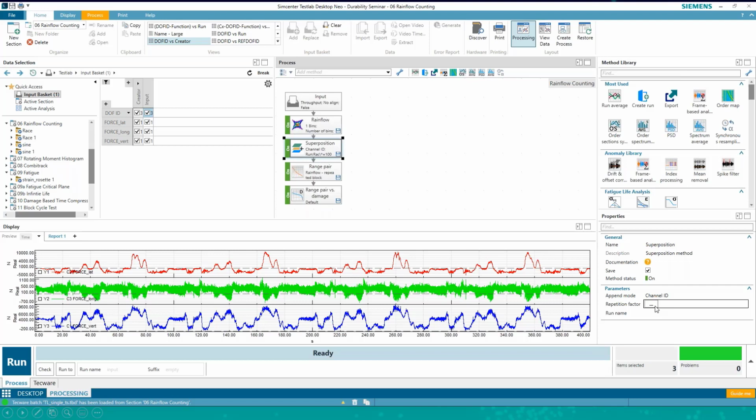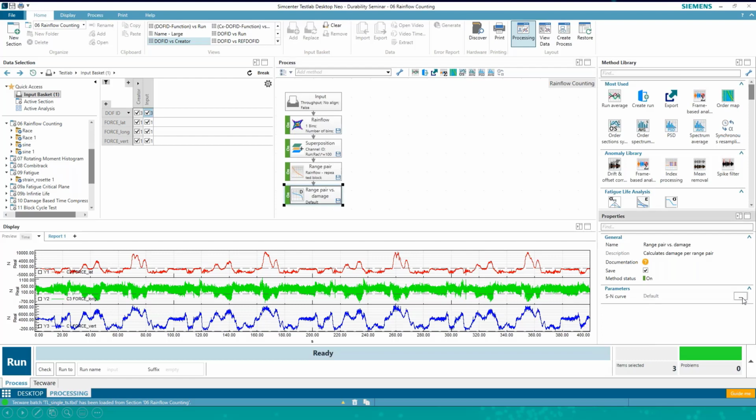If I want to do this over multiple tracks, I can say track 1 is 1,000 repeats, track 2 is 2,000, and then I can get my assessment. So I could take into account multiple tracks. That's the superposition. Then I calculate the range pairs, then I calculate the damage. When I do a damage, a lot of times I just use a generic SN curve, but if you really did get it to stress, you could select the actual SN curve.